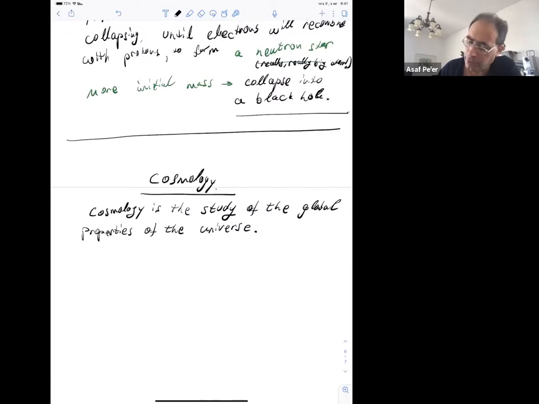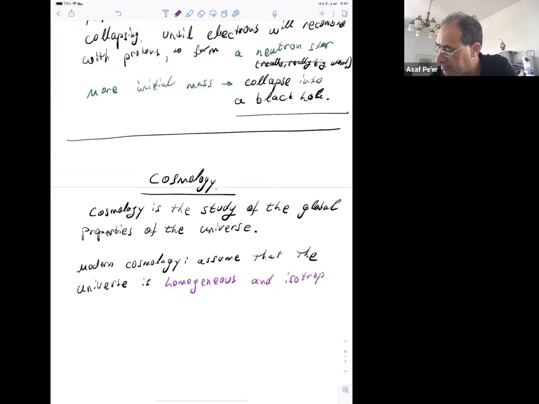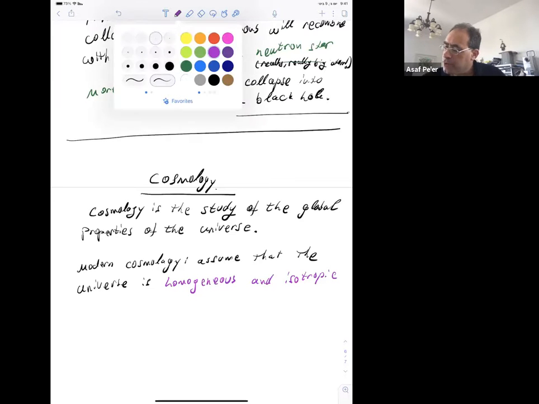So modern cosmology assumes that the universe is homogeneous and isotropic. Combined together, these are called the cosmological principle.